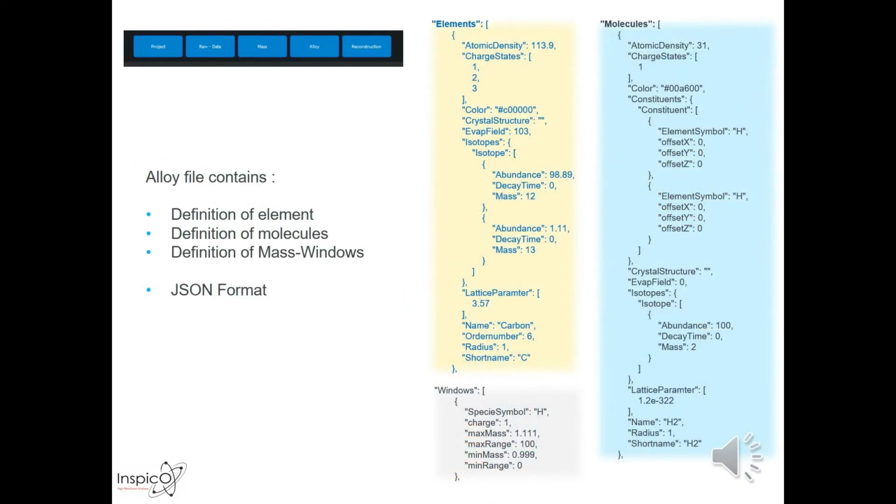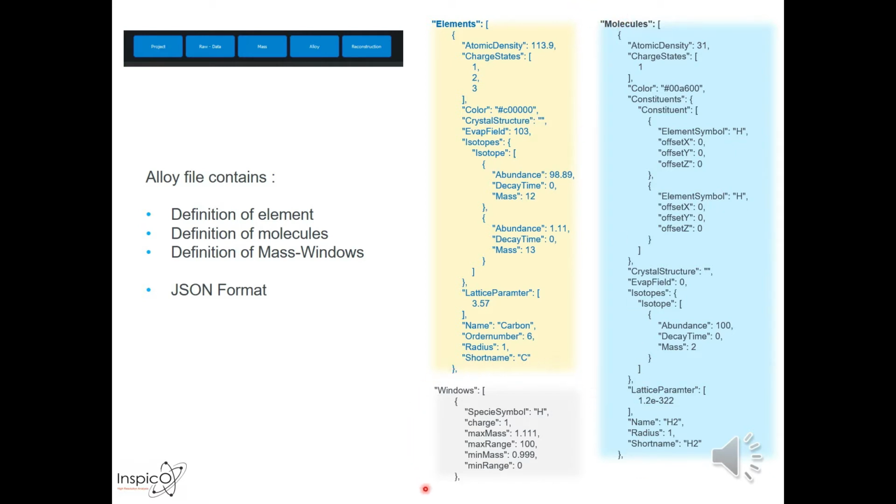For the alloy file, we are also using a human readable JSON file, which contains definitions of elemental species, so just pure atoms. There are some values stored for each element, and molecules are made out of these elements, giving a new definition in the molecule section.